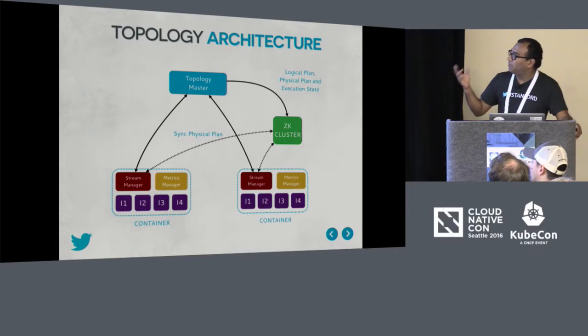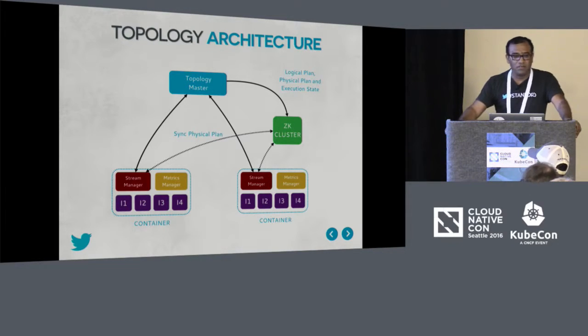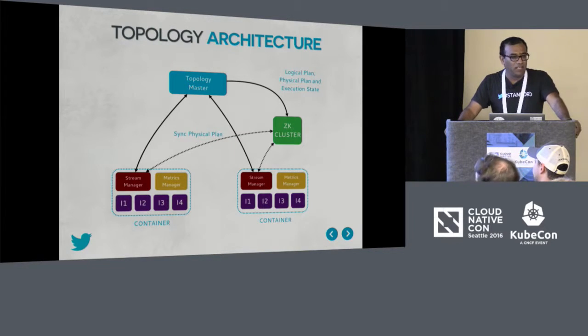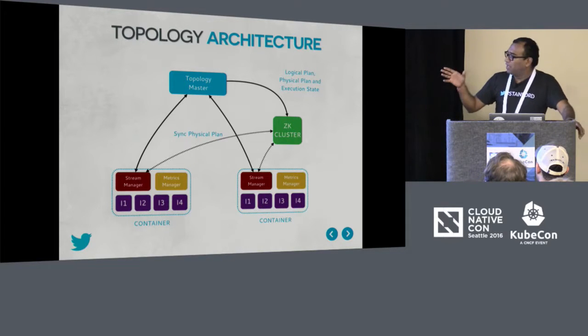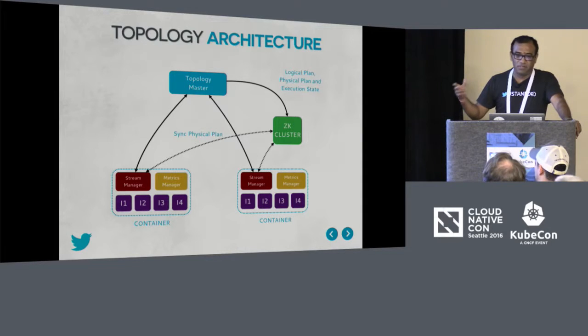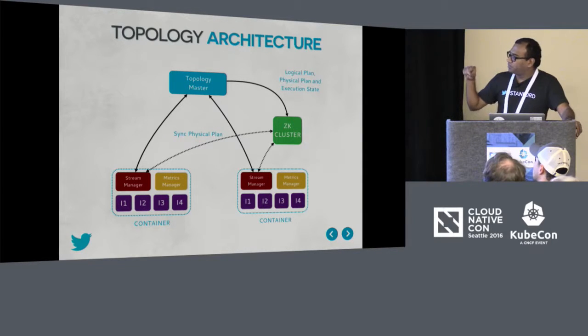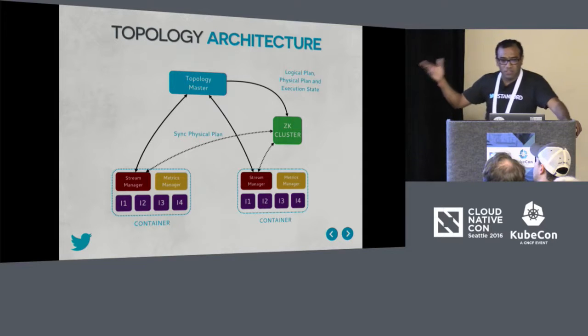That is called the packing algorithm. Once the packing is done, the topology master in turn requests the scheduler: by the way, I need 10 containers, and each should have 4 CPUs and a couple of gigs of memory. Please give me those containers, and the scheduler will tell you which machines the containers will be launched on, and the scheduler also launches those containers.